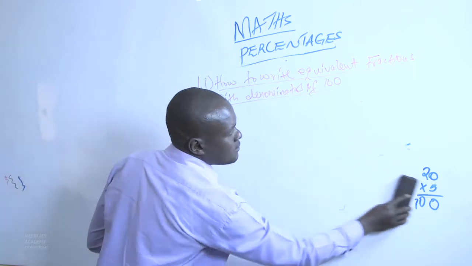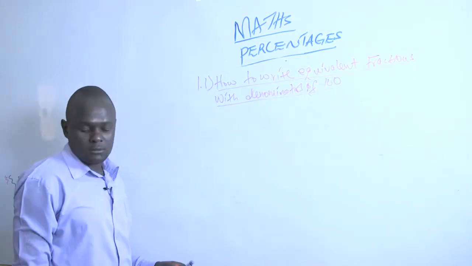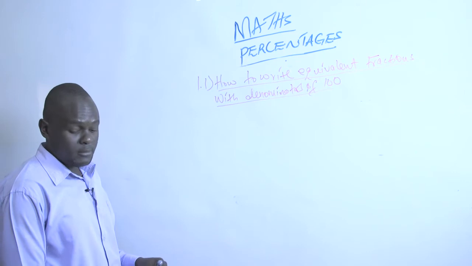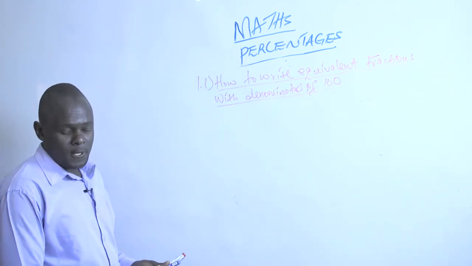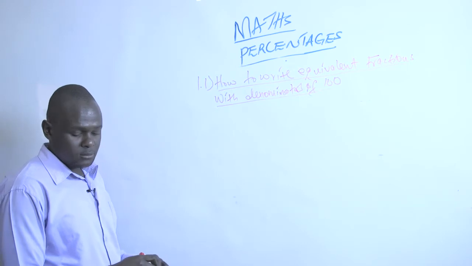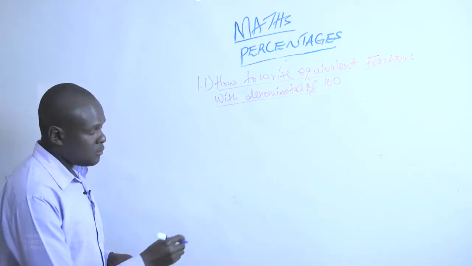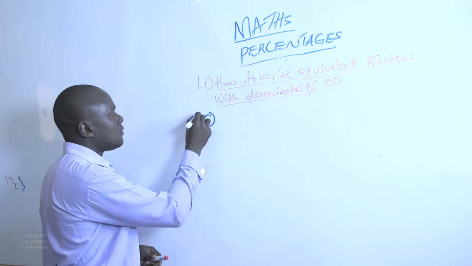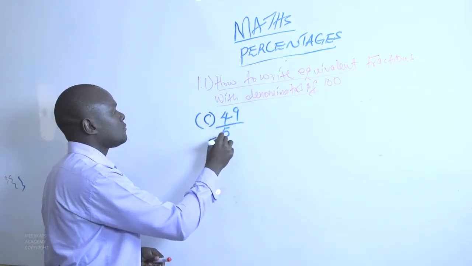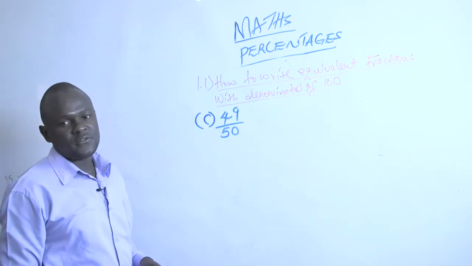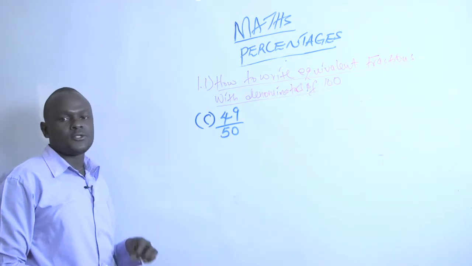Let us look at a third example. Example number 3. In this particular example, we have a number like 49 out of 50. This is a fraction.